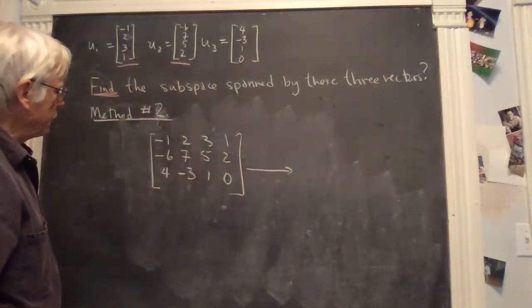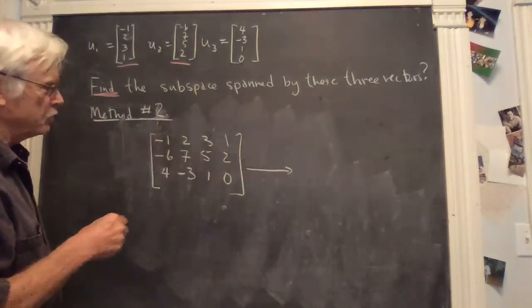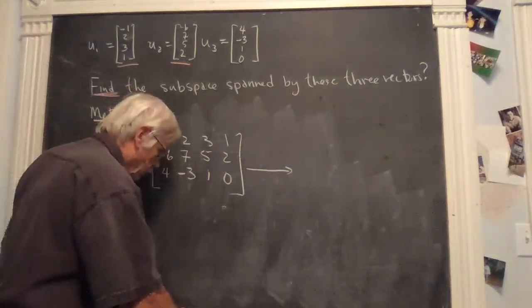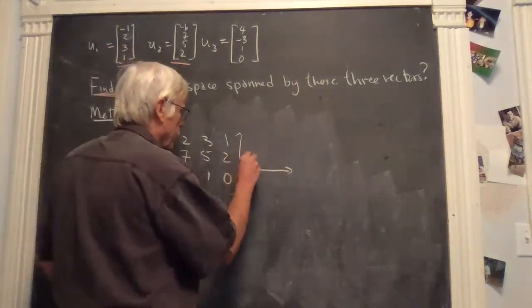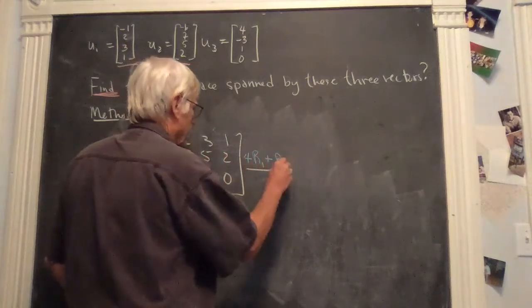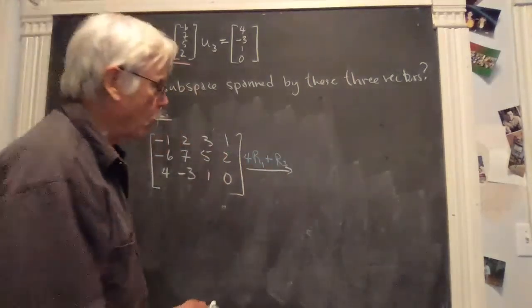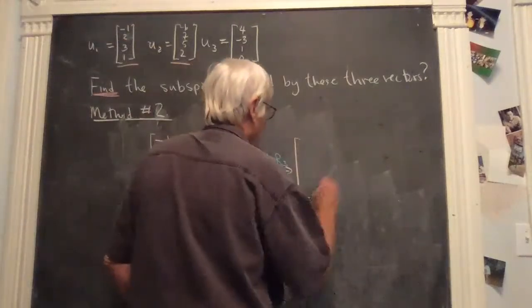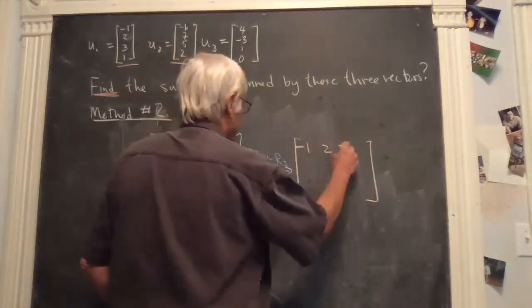To show you what's going on here, I'll do one of these row reduction steps by hand. So I'll take 4 times row 1 and add to row 3. That's one of the things you can do in this row reduction method. When I do that, the first 2 rows stay the same.